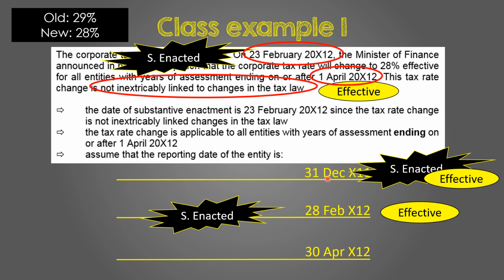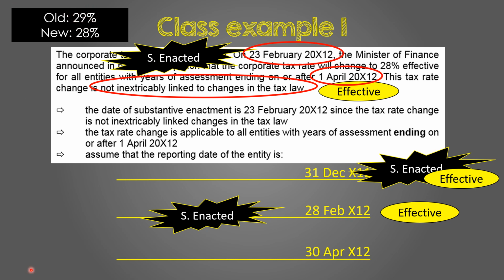So we have to use the rate that we expect to pay, which has been enacted or substantively enacted by the end of the reporting period. So even though this rate has been substantively enacted, it is only going to become effective later. So the rate which we expect to pay our taxes at for this year will be the old rate of 29%.